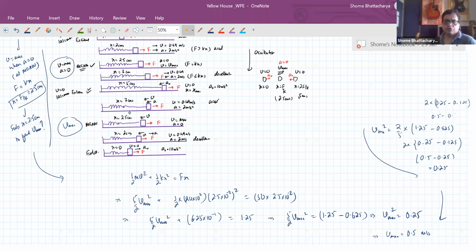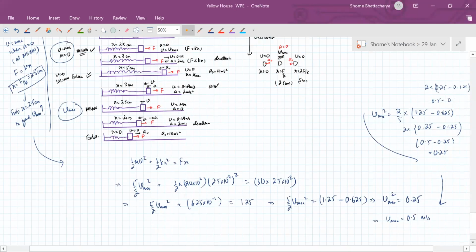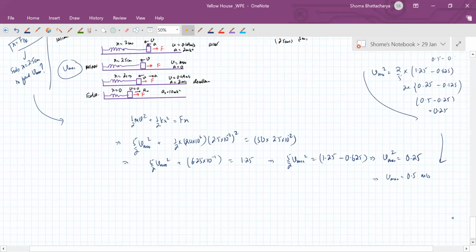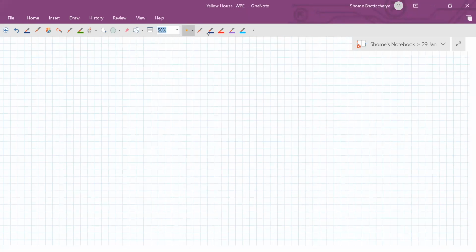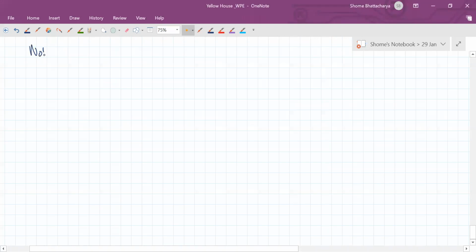Okay, now there's another way of understanding all this also. The other way to understand this maximum speed and maximum extension is to analyze the kinetic energy as a function of x. So we analyze this, the kinetic energy is like this.